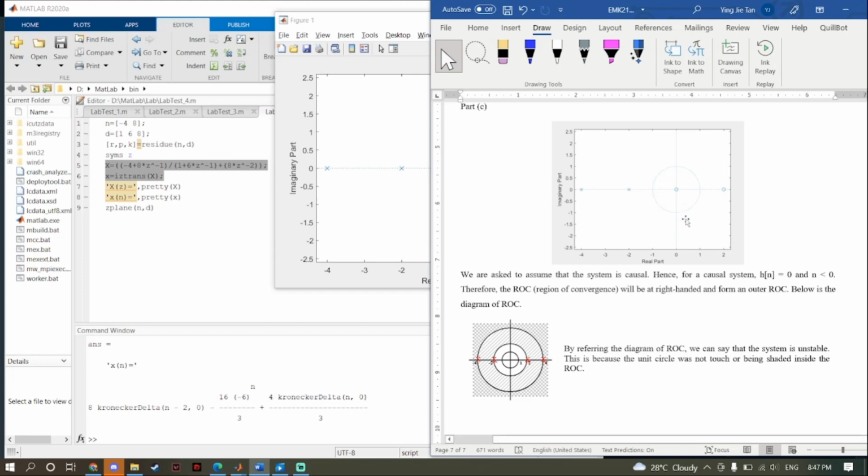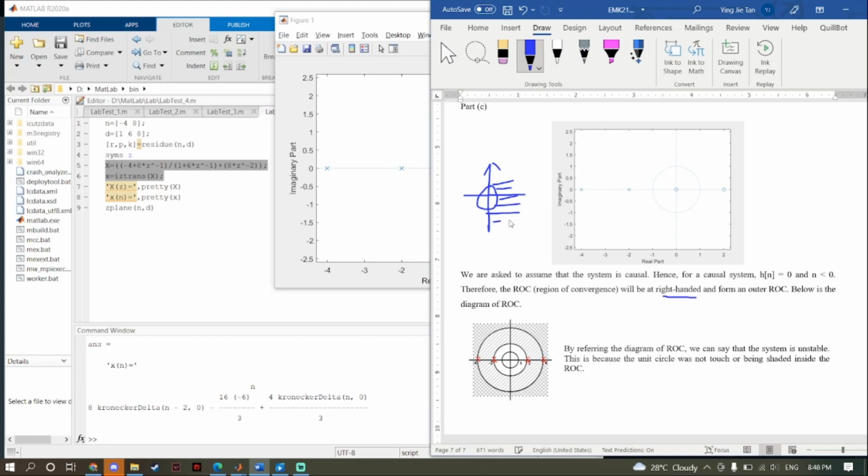Therefore, the region of convergence will be right-handed and form an outer ROC diagram. So I can explain what the right-handed thing is. Imagine this is our unit circle, and if it wants us to be right-handed, which means we need to shade the right part, which is like this.